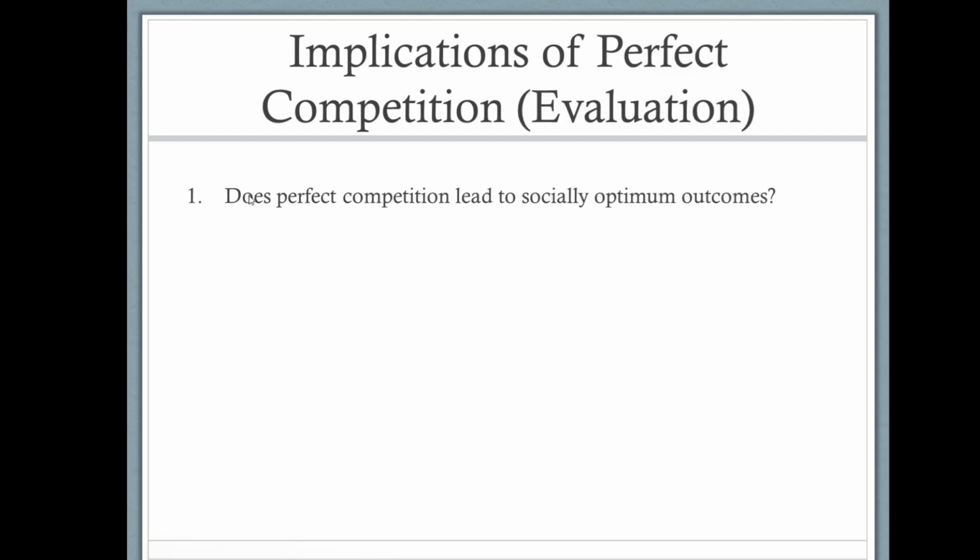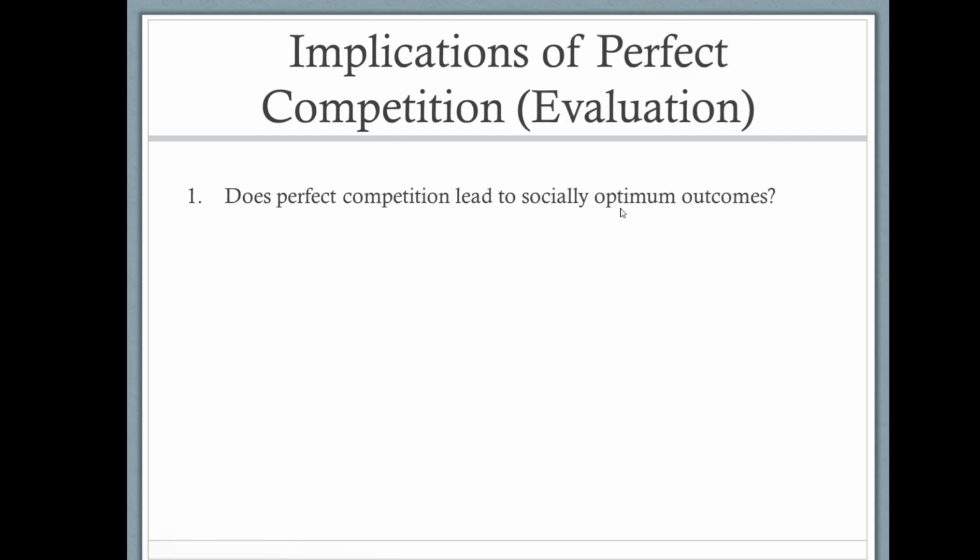So take a look at this. For the first one, does perfect competition lead to socially optimum outcomes? Yes or no? Wait a second.